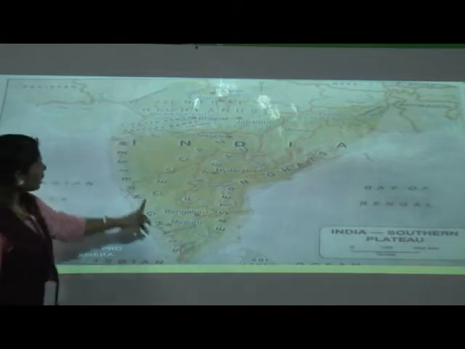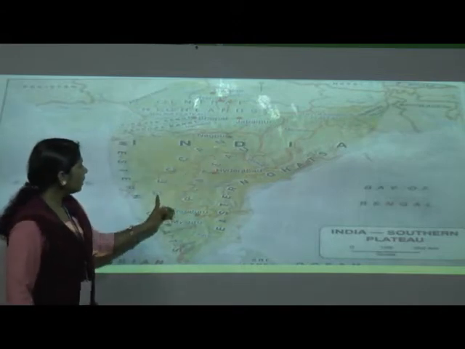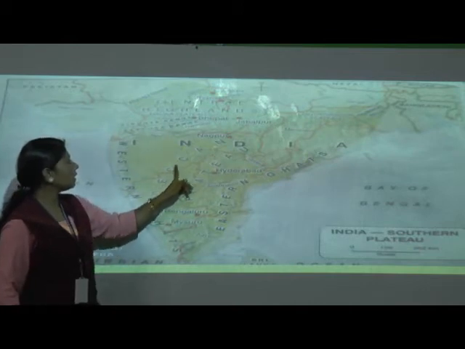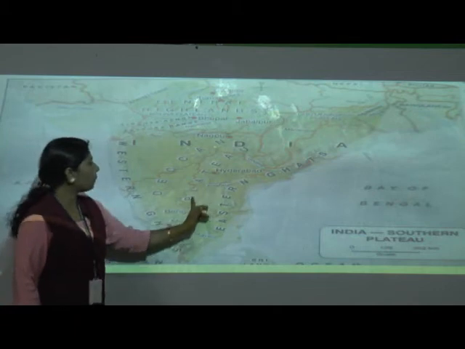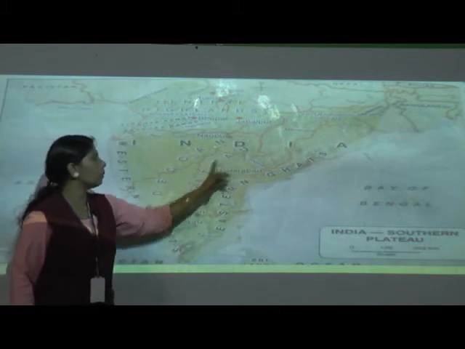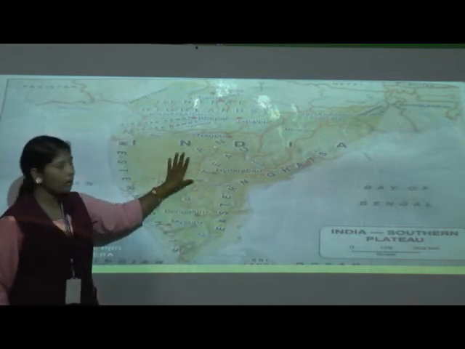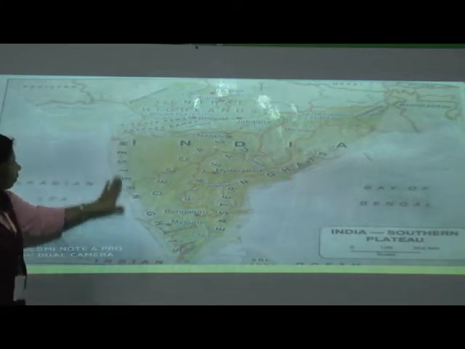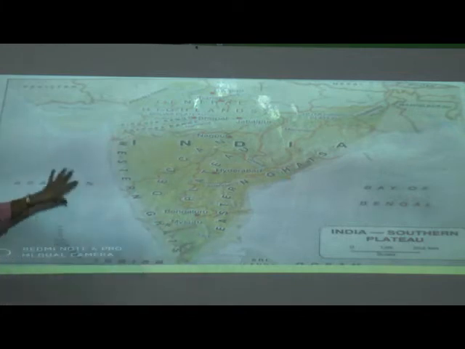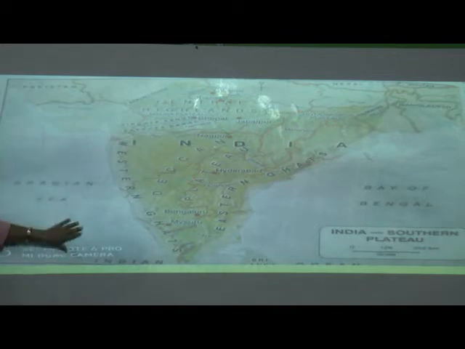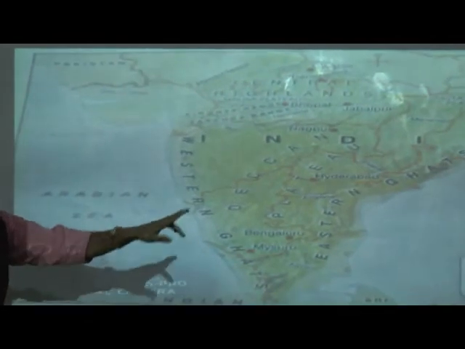Now can you see this picture and tell me what it is? Deccan Plateau, it is here. And then what do we have here? Western Ghats, and on the east side we have the Eastern Ghats. This blue color side is the Arabian Sea, and that side is the Bay of Bengal.